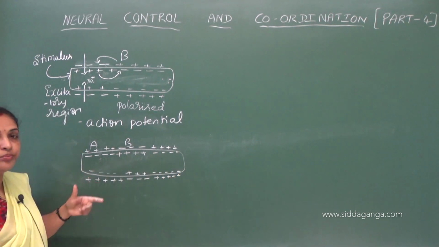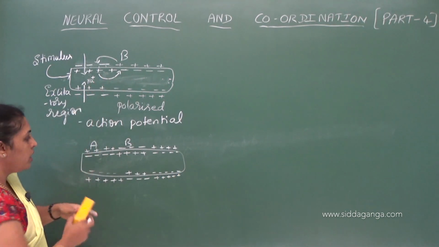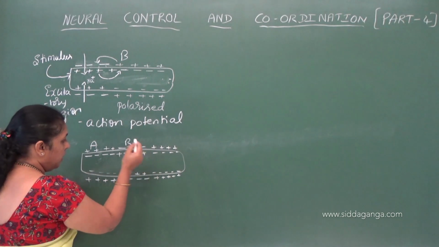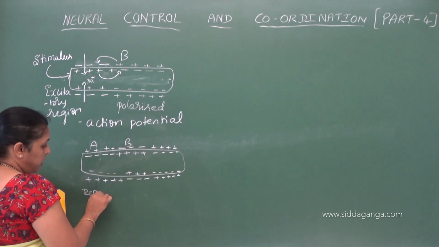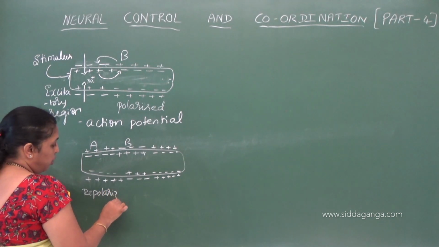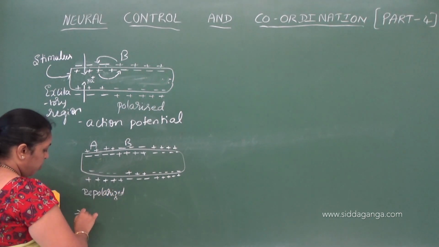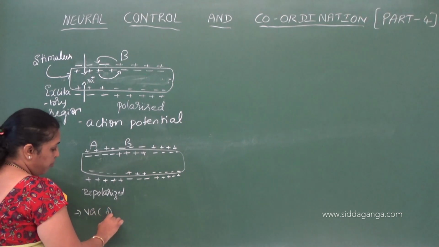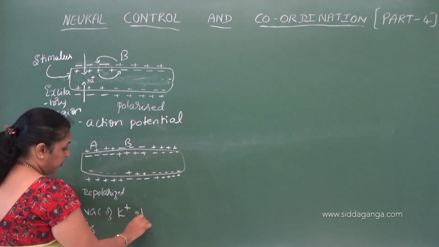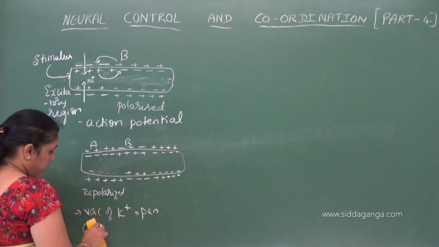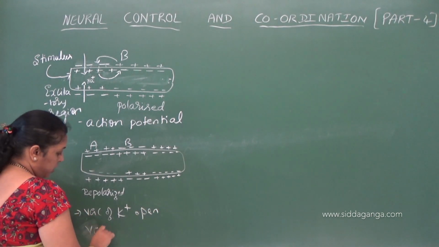Then once the circuit completes, the stimulus will shift to B region and this region will become repolarized due to the opening of voltage gated channels of potassium and closing of voltage gated channels of sodium.